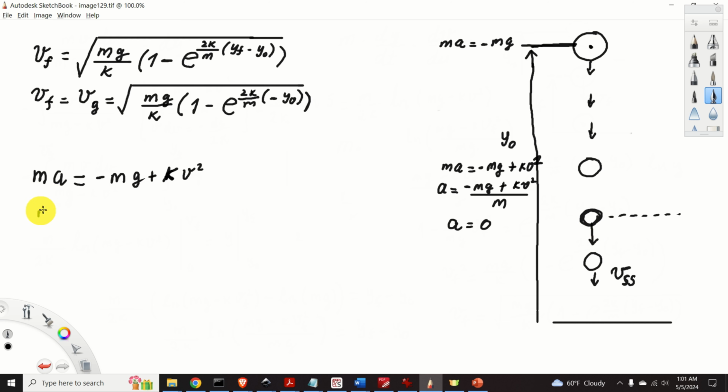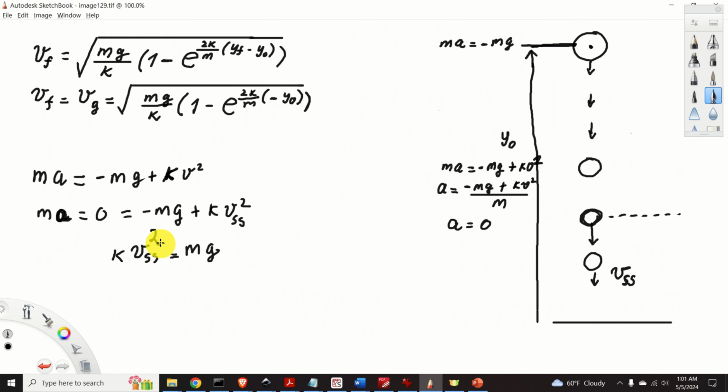Well, we can simply say that ma is equal to 0. This is because a is equal to 0. And we are searching for that point, and we have minus mg plus kv squared. And over here, instead of v, we will have vss. Consequently, from this equation, we have k vss squared is equal to mg.